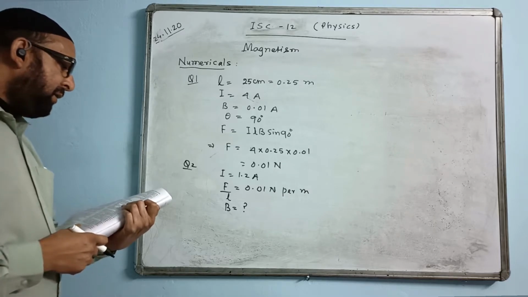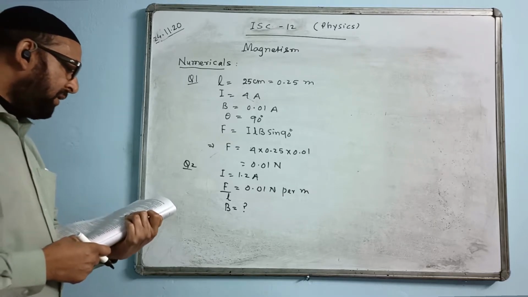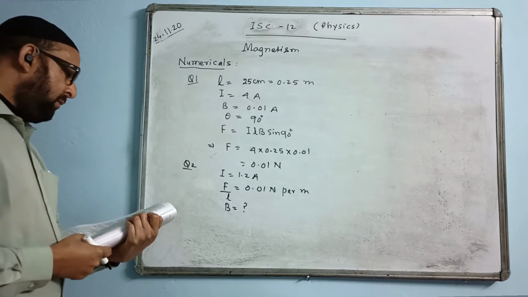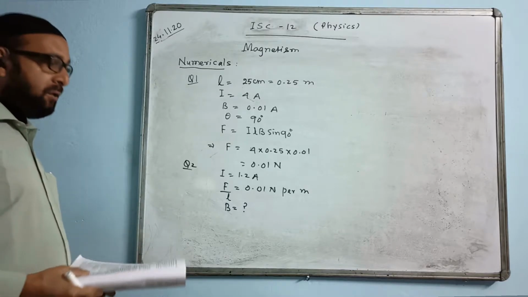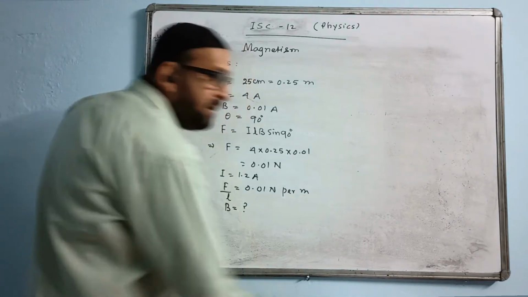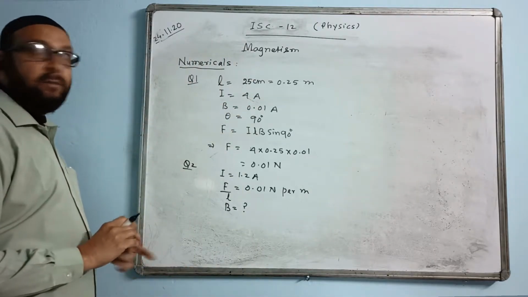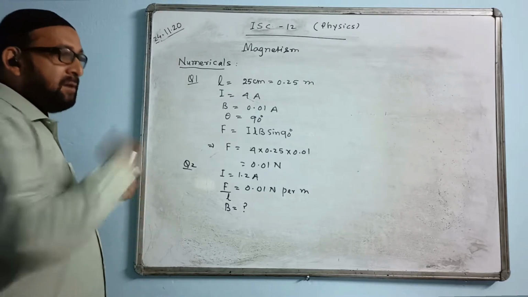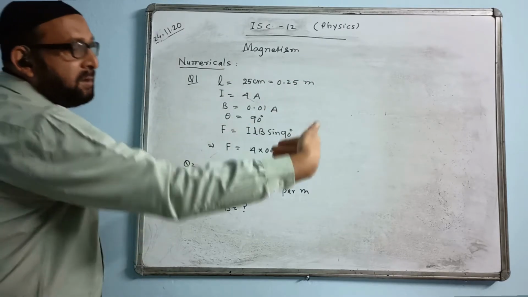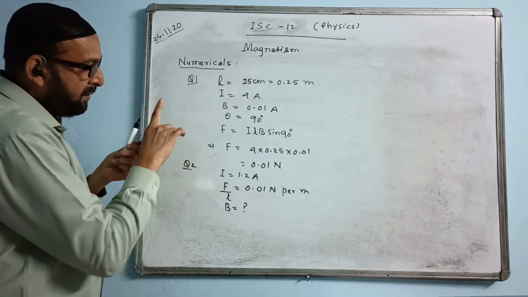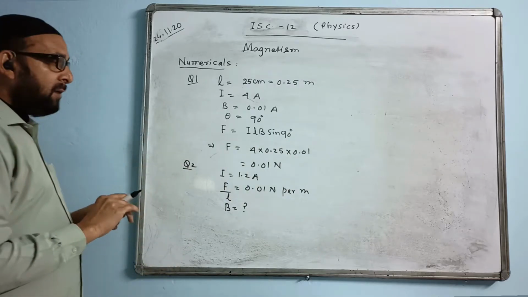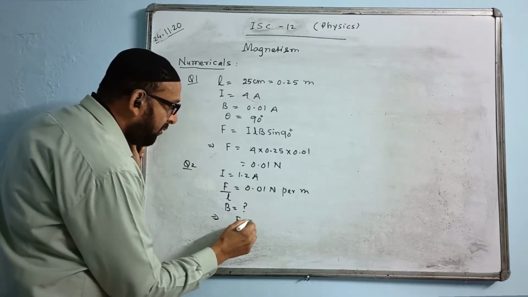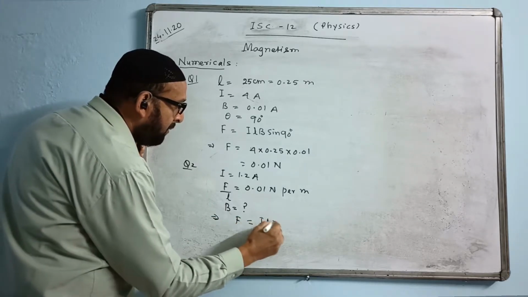Wire is carrying current from east to west direction and the force is acting in the upward direction. That means the angle is 90 degrees, theta is 90 degrees. Upward means like this. East west maybe this side is west, this side is east. So the angle between this horizontal and this vertical, upward, is 90 degrees. Then we will take the formula directly, F is equal to ILB.